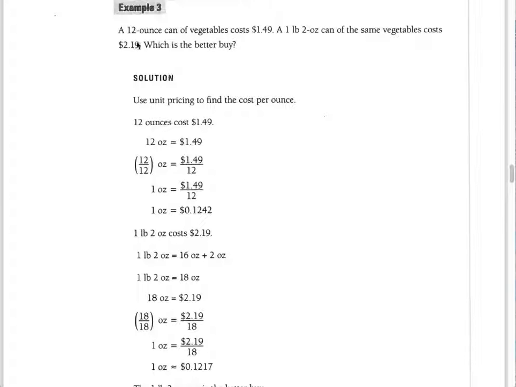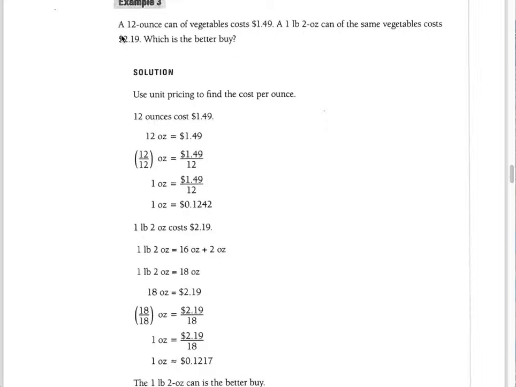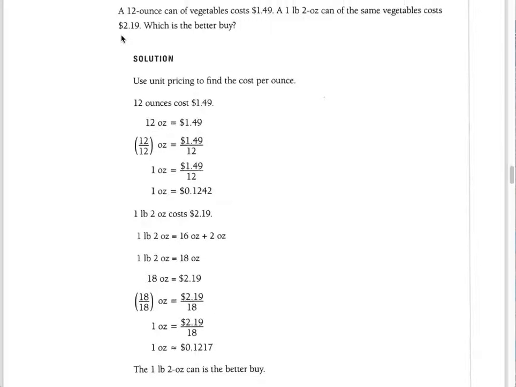So taking the first one, we have the 12-ounce can of vegetables, and it's costing $1.49. So we can put dollars over ounces like this, and we calculate that.